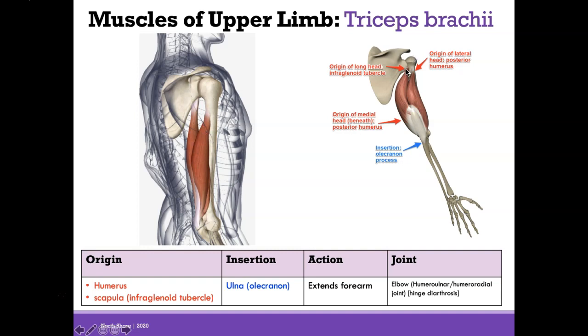And it also has a slight attachment to the scapula as well, at a place called the infraglenoid tubercle. Remember, infra means beneath, the glenoid, that cavity of the shoulder, right? Tubercle, a bump. And it inserts on the ulna, at the olecranon, or the elbow. So the triceps insert at the elbow. And again, this is helping us extend our forearm.